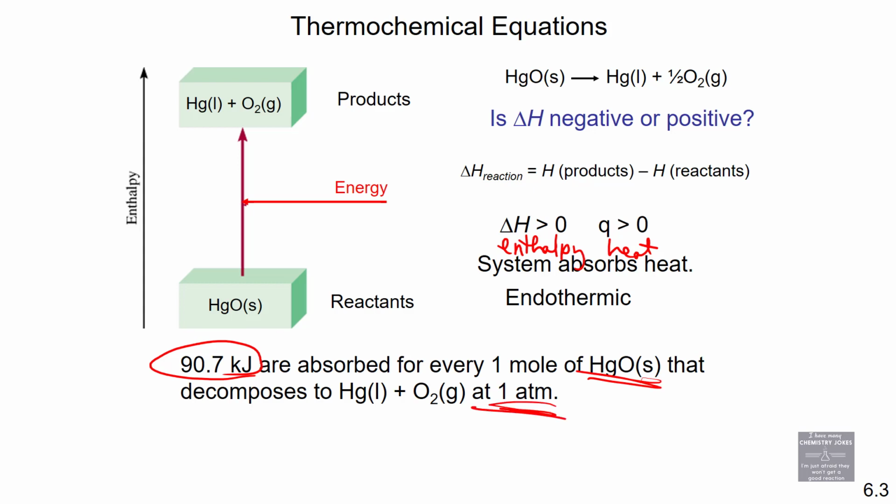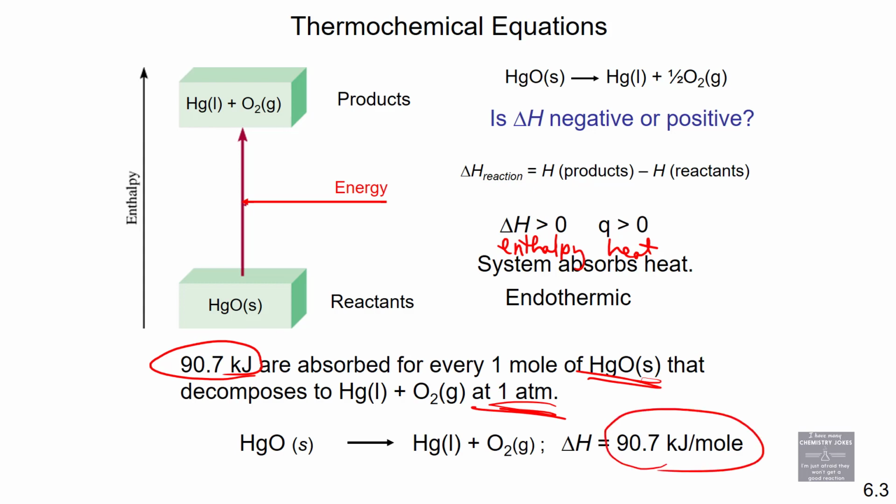Constant pressure is unfortunately important. There's the equation as you would write it. Because it's endothermic, you can write energy, or you can think of energy as being a reactant in that reaction. All endothermics have energy as a reactant.